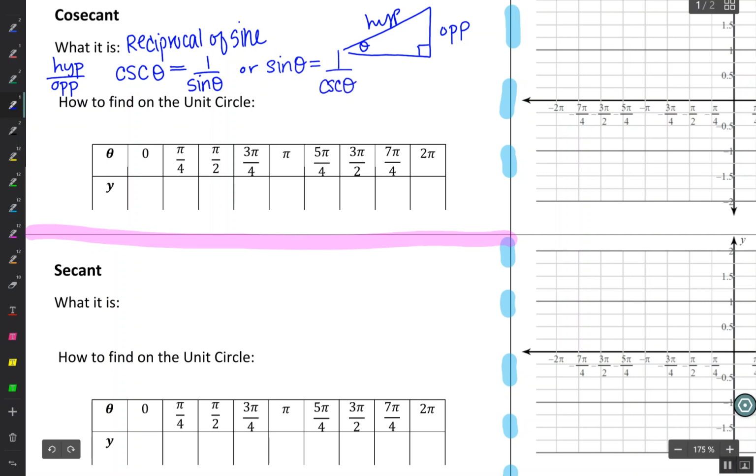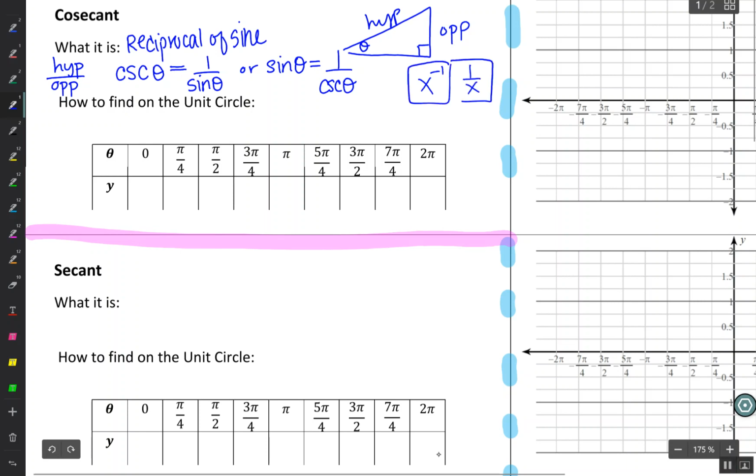To evaluate on a calculator the cosecant of an angle, you'll notice that there is no cosecant button. That's because you don't need one. You just need two buttons. You need the sine button and you need an inverse button. So the inverse or reciprocal button is usually an x with a -1, or it could be a 1 over x.